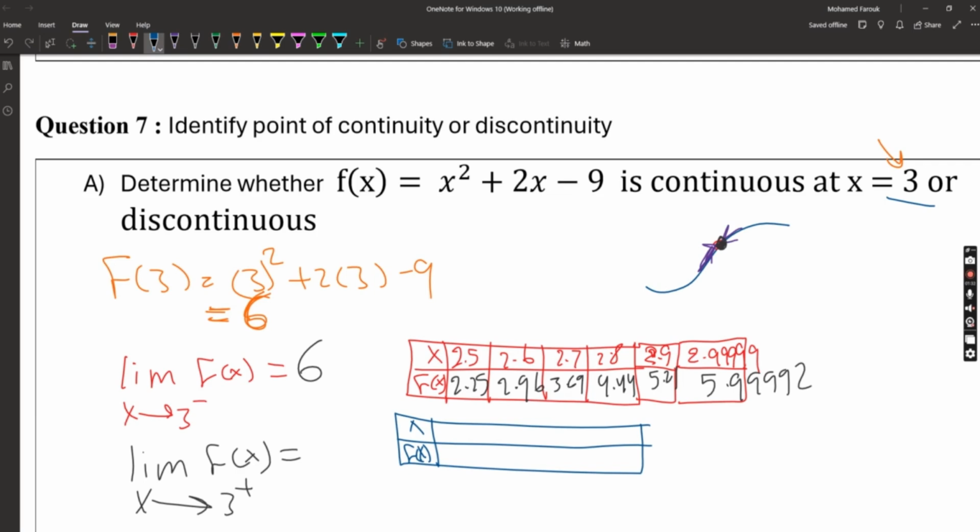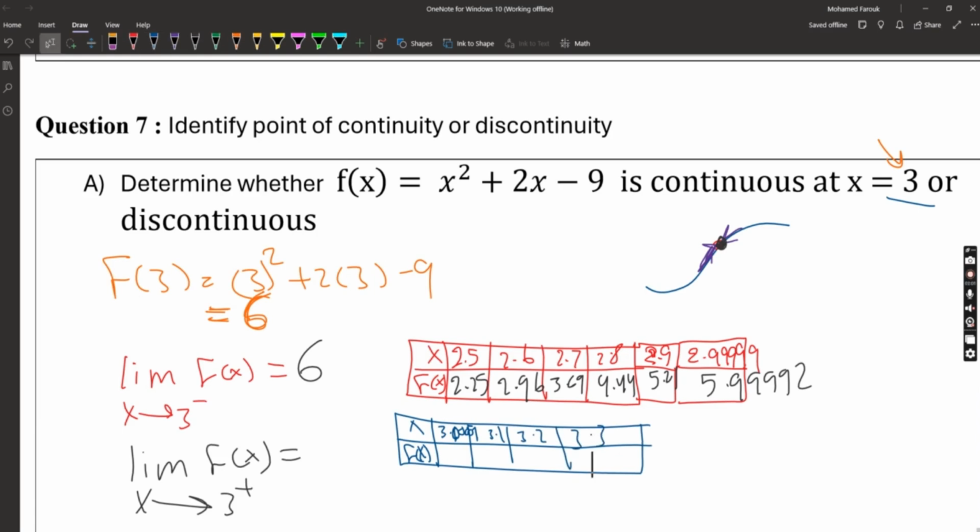We can make the table start from 3.1 to 3.5, but I will start from 3.0001, very close to 3, and then 3.1, 3.2, 3.3, and enough.